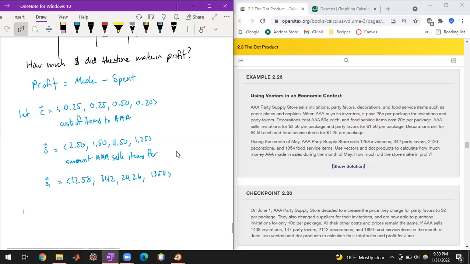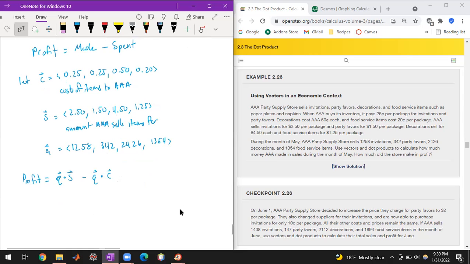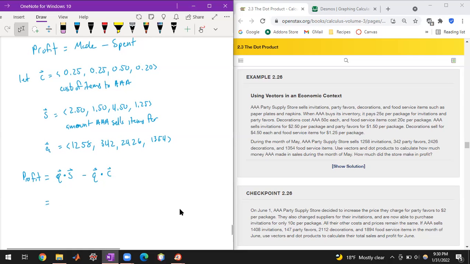So the profit is going to equal our quantity vector dotted with how much we made for each of those items, minus our quantity vector dotted with how much we spent on each of those items. This is what we're going to need to calculate.